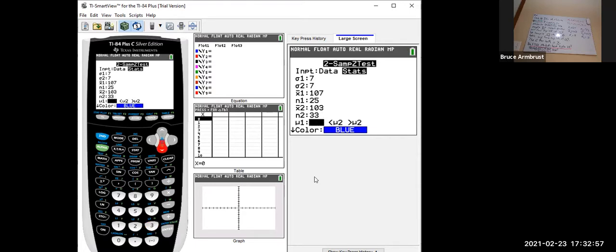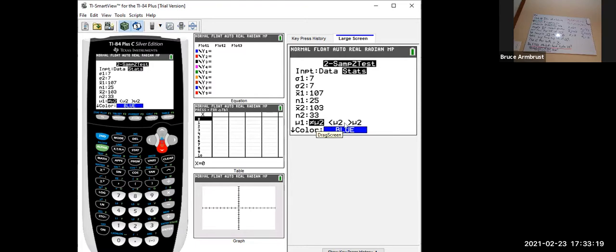All right, and now we have to get our which test we want to do. Now notice what this says. If you look over on the left, it says mu1. So this would be mu1 does not equal mu2. No, that's not what we want.